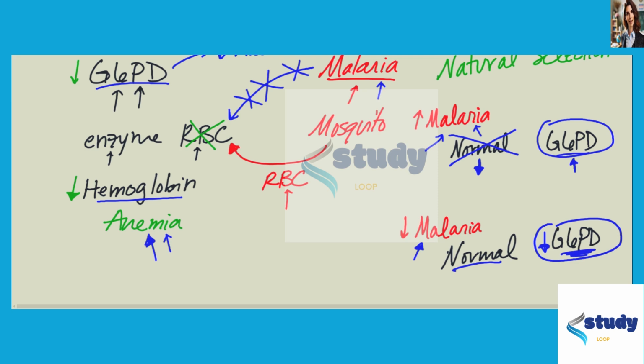So here, the advantageous quality of this enzyme loss depends on the environment that the individual is in. So you'll find this deficiency or mutation more likely in communities with a high occurrence of malaria, whereas it'll be much rarer in communities where G6PD can cause the death of the individual because there's no protection from malaria.